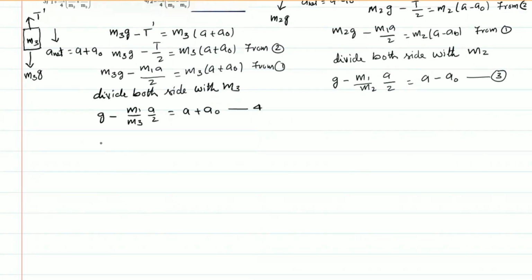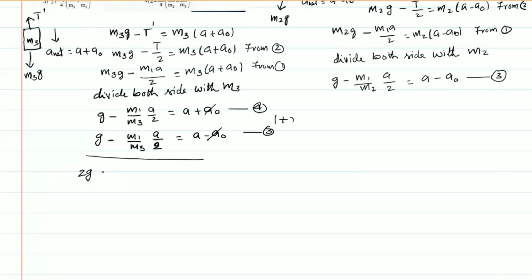Now I am going to write equation 3 here. g minus m1 by m2 into a by 2 is equal to a minus a naught. So simply I am going to add these two equations. Then what will happen? a naught gets cancelled. Yes or no? So a naught gets cancelled.